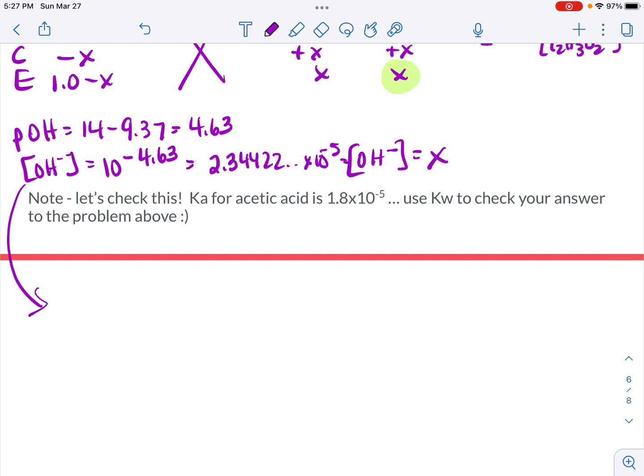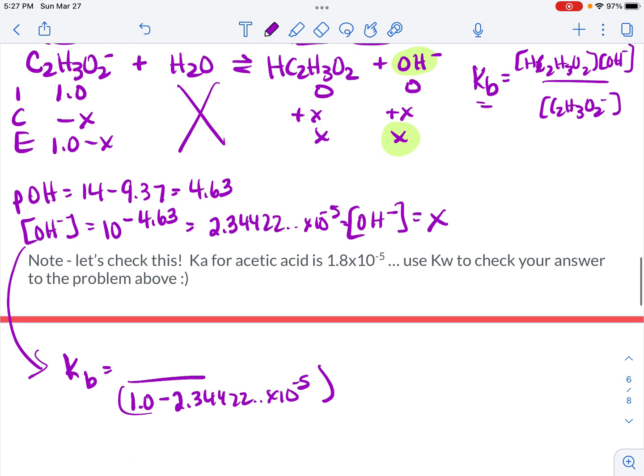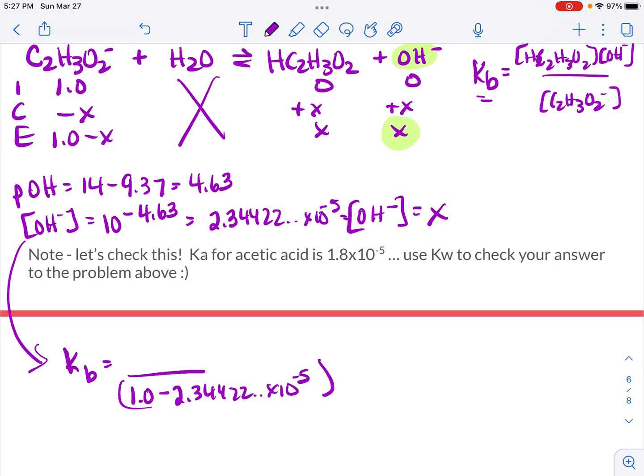So this means that Kb equals x squared over 1.0 minus 2.34422 times 10 to the negative fifth. And actually, x squared is the concentration of the acetic acid times the hydroxide, which would be x times x, which is going to be this, 2.34422 times 10 to the negative fifth.